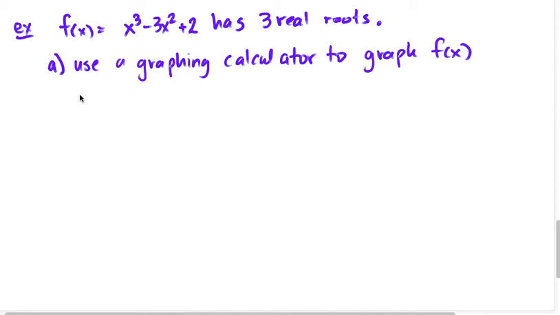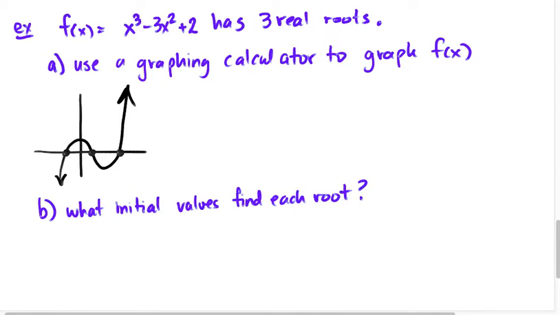You should get a function that looks approximately like this. And you can see that it has 3 real roots. The next thing that we're going to do with this is we are going to determine what initial values would move towards or find each of those roots.